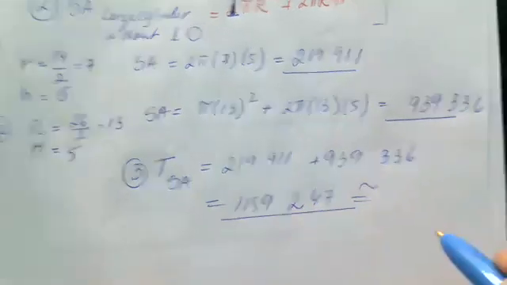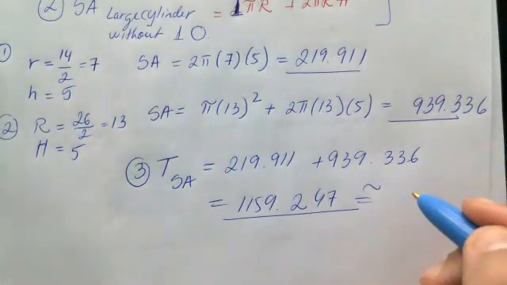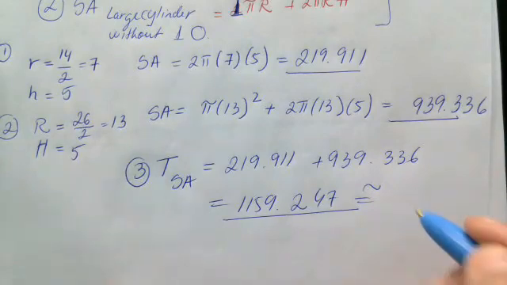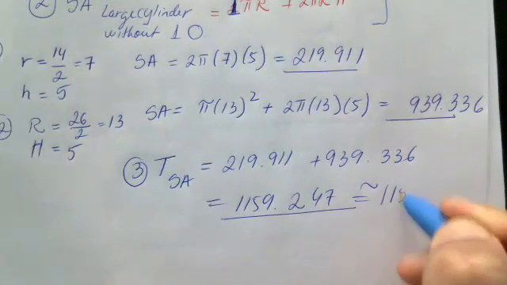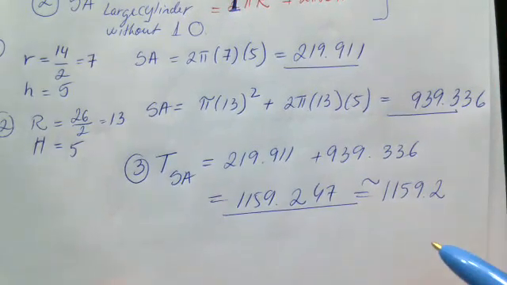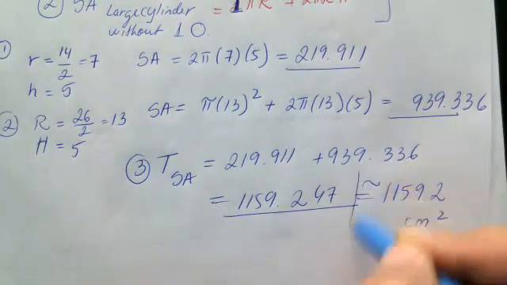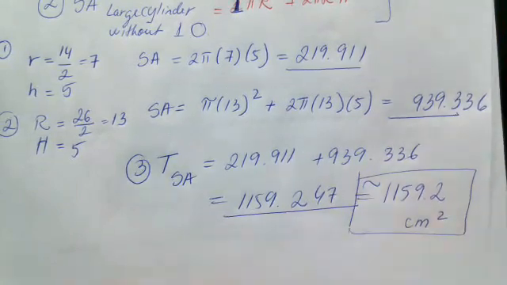So let's keep one decimal for this one. This question doesn't tell us where to round, so we will round to the tenth, because we kept 3 decimals. So approximately 1159.2. What's the unit for this? Centimeters squared.